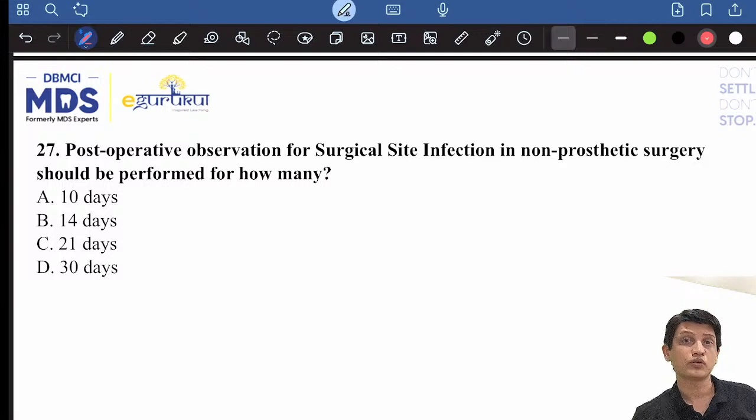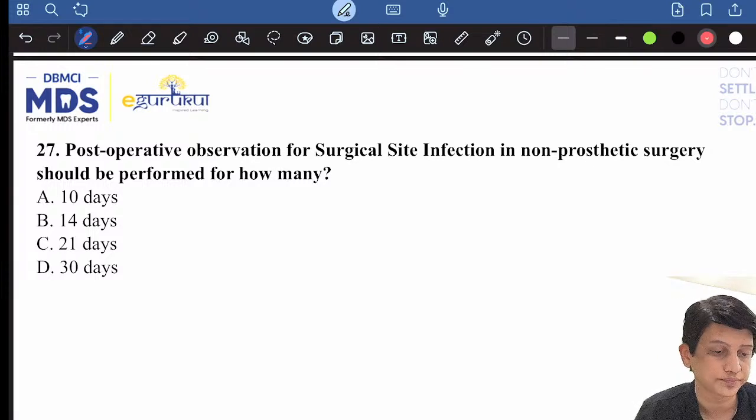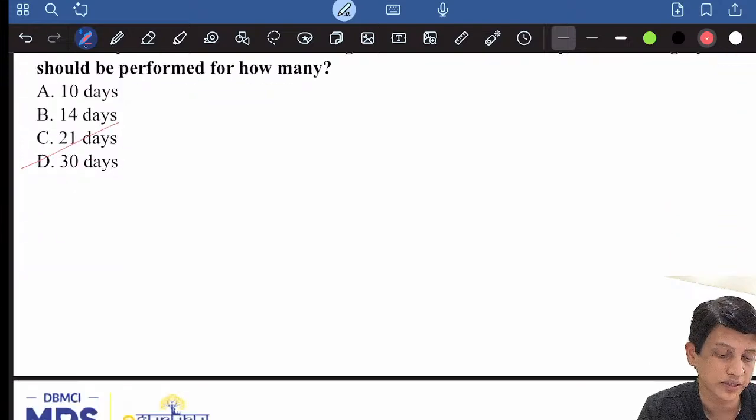So without that, in non-prosthetic surgery, when will you call it a post-operative surgical site infection? Within how many days, if there is infection, do you call it an SSI? Yes, the answer is 30 days. Excellent. Answer is 30 days.